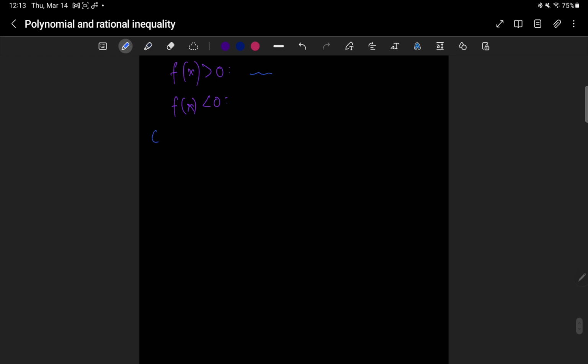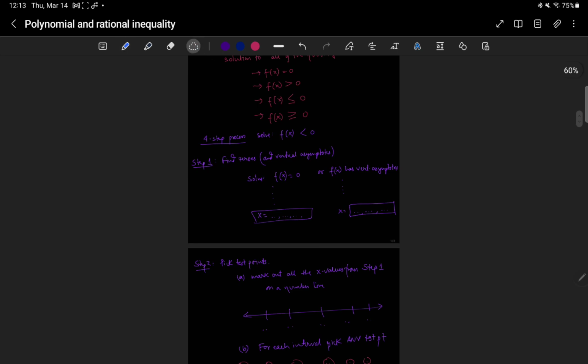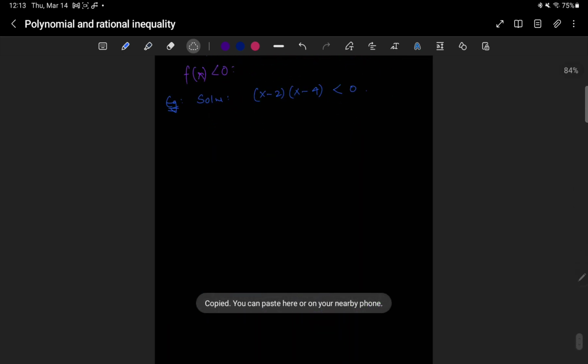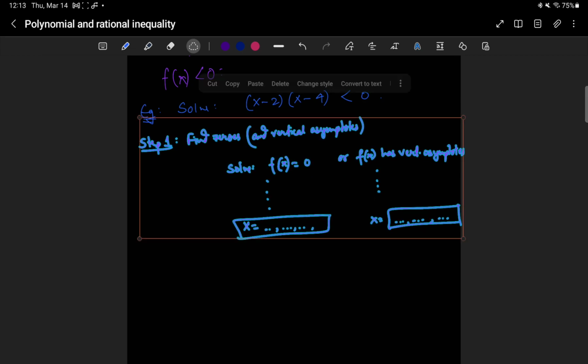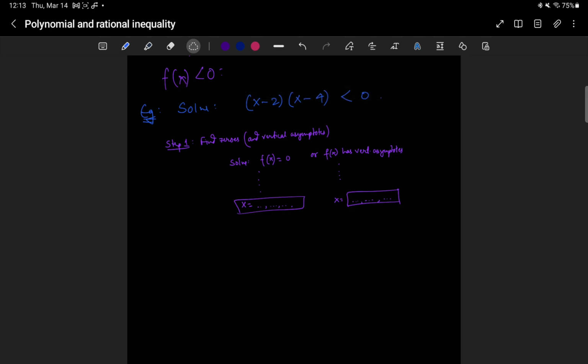All right, let's apply this to a very simple example. Let's say I am asked to solve, in this case, I'll make things a little easier for myself and I'll keep it already in a factored form. And to illustrate this entire thing, I will just copy this process and fill in the details. Right, so step 1 says find zeros and vertical asymptotes.